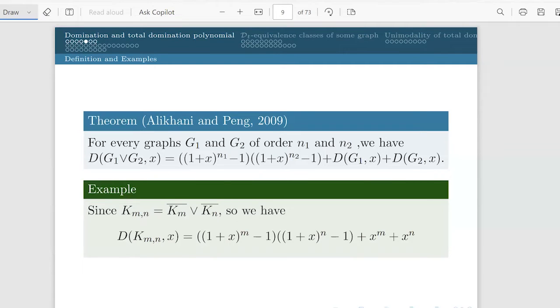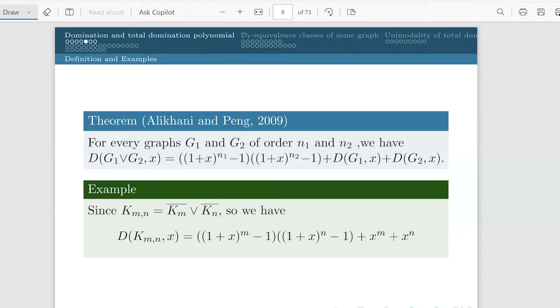The domination polynomial of graph products is a natural question in domination theory, especially graph polynomials. And you see the domination polynomial of the join of two graphs, and all of you know the join.